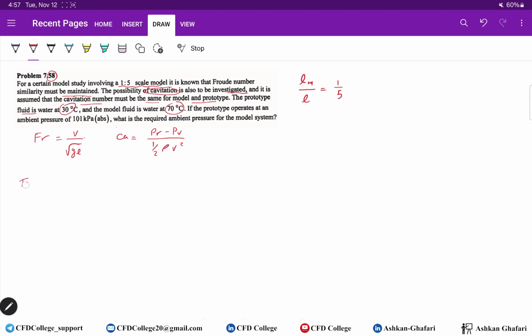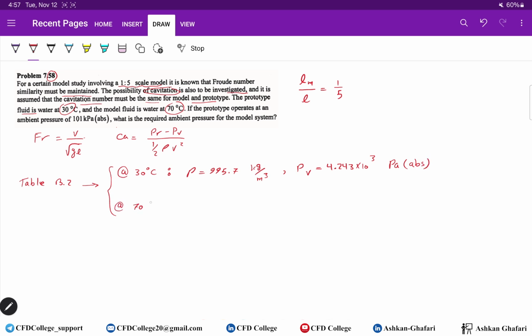So from table B2 you can find the properties of water at 30 degrees centigrade. Density is 995.7 kilograms per cubic meter, and vapor pressure equals 4.243 times 10 to the power 3 Pascal, and this is absolute pressure.